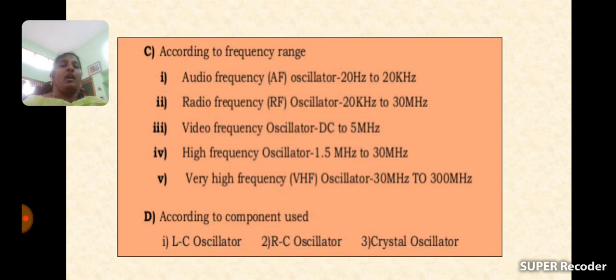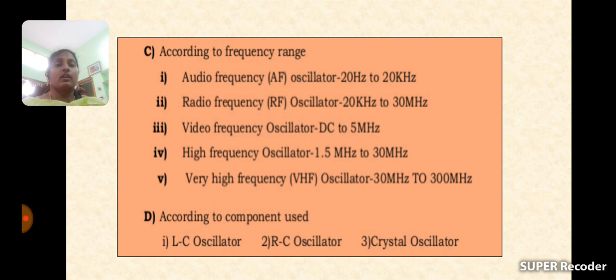And next one, according to the frequency range, the amplifier amplifies the signals having this range only. If it is an audio frequency oscillator, the oscillator will produce oscillations having frequency in the range of 20 Hz to 20 kHz. Is it okay?